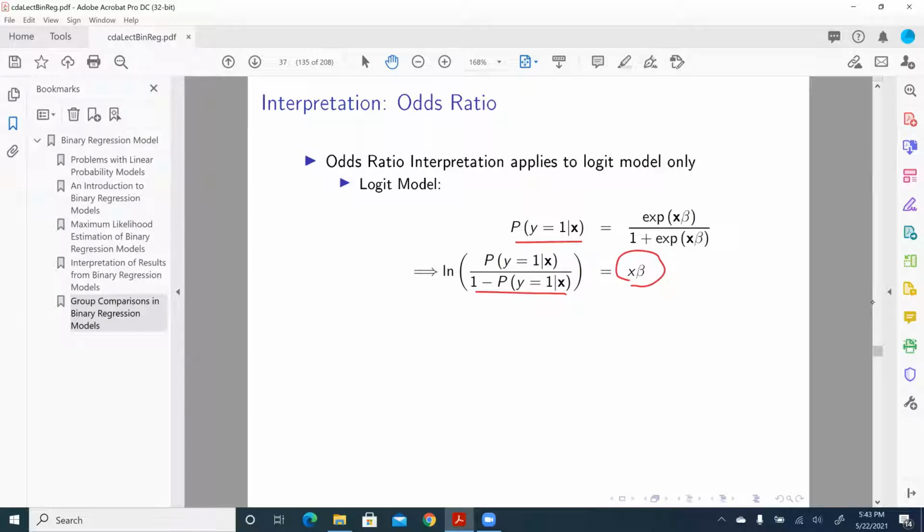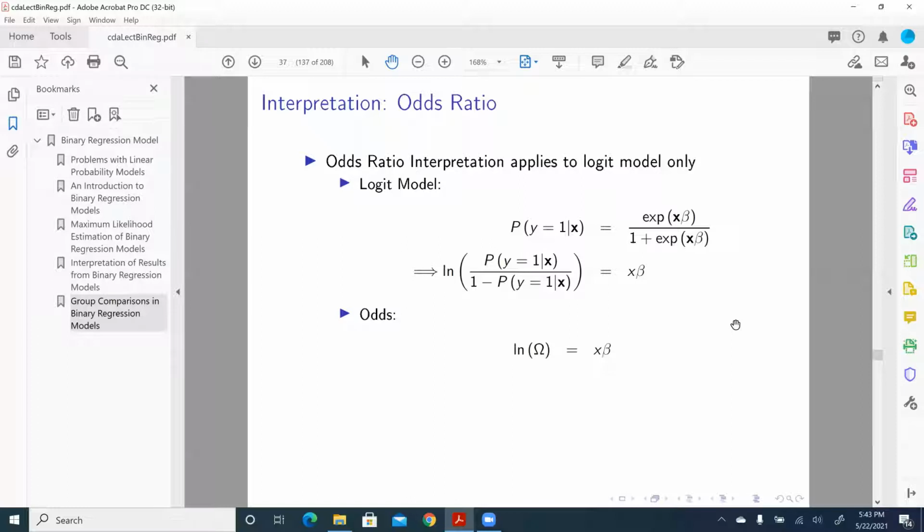If you reverse this process, that is, you figure out x beta in terms of probability, then it's the log of the probability of y equal to 1 over 1 minus the probability y equal to 1. And in the denominator, actually, it's what? The probability y equal to 0. And that is basically the odds within the parentheses, if you've read the literature or textbook closely enough, right?